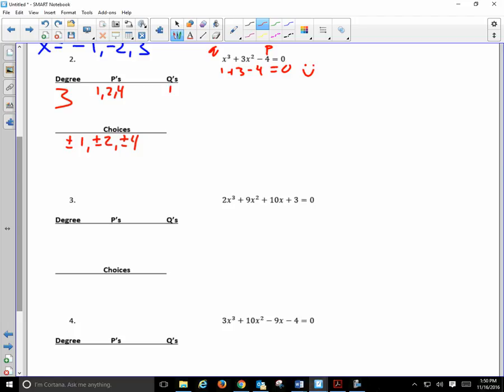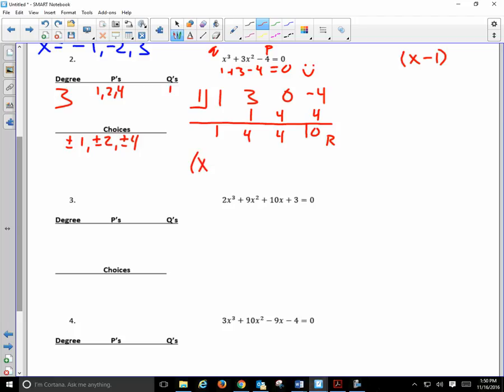If 1 works, then what's the factor? X minus 1. So I take the 1 and I divide it in. So it turns out that it does factor. We just couldn't see it.